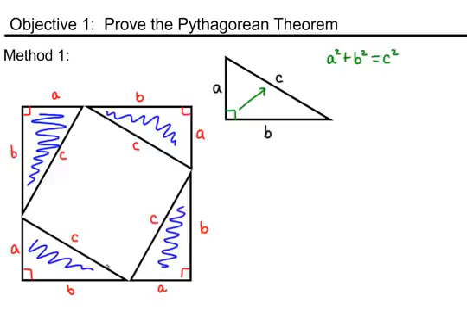Easy enough? Okay, we could do it 2 different ways. We could take the area of the big square minus the area of the little square. Or we could find the area of each individual triangle and take it times 4 since there's 4 of them. So we're going to do both ways. We're going to first find the area of the big square, and we're going to subtract the area of the small.